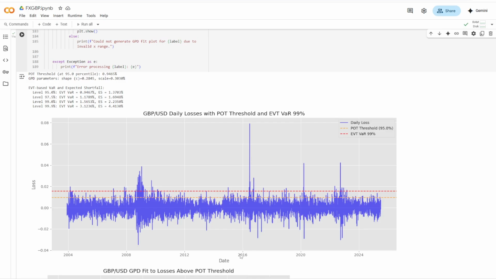In fact, here we have 2016, this big day of loss in the pound. It's a VAR 99.9. I have a threshold of 3.12%, and that's my peak. So the peak over this threshold is an expected shortfall of 4.4%.